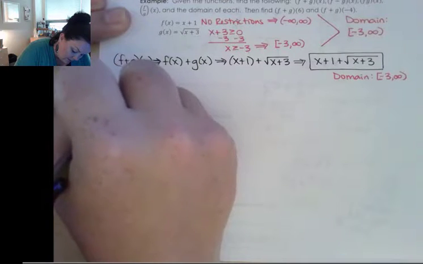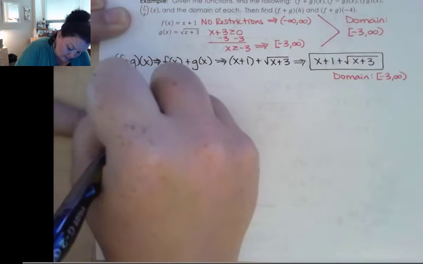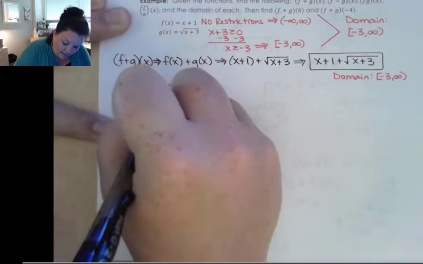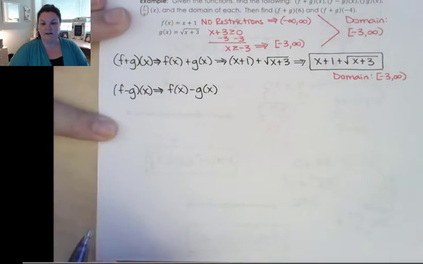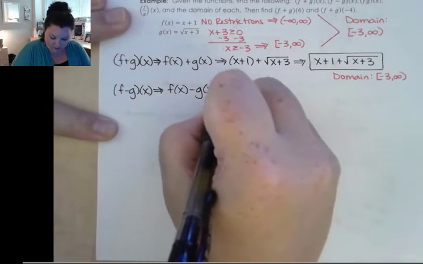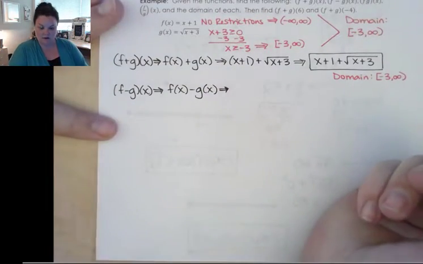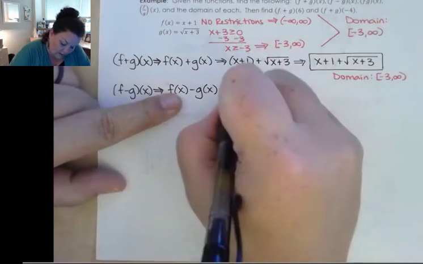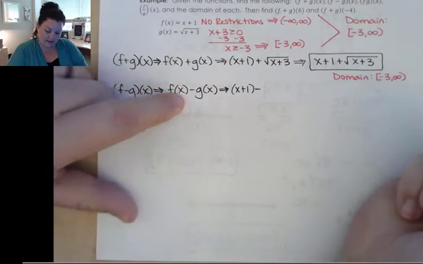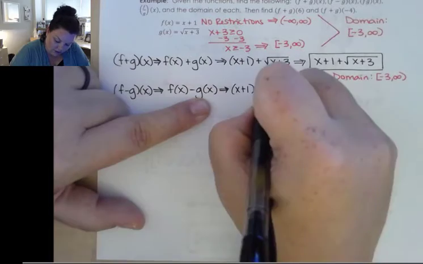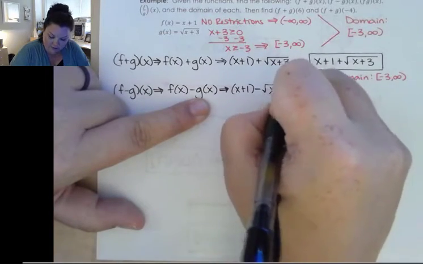If I look at f minus g of x, this means I'm taking my f of x function and subtracting my g of x function. So again, I'm going to plug in what those two things are. My f function is x plus 1, and then I'm going to subtract my g function, which is the square root of x plus 3.